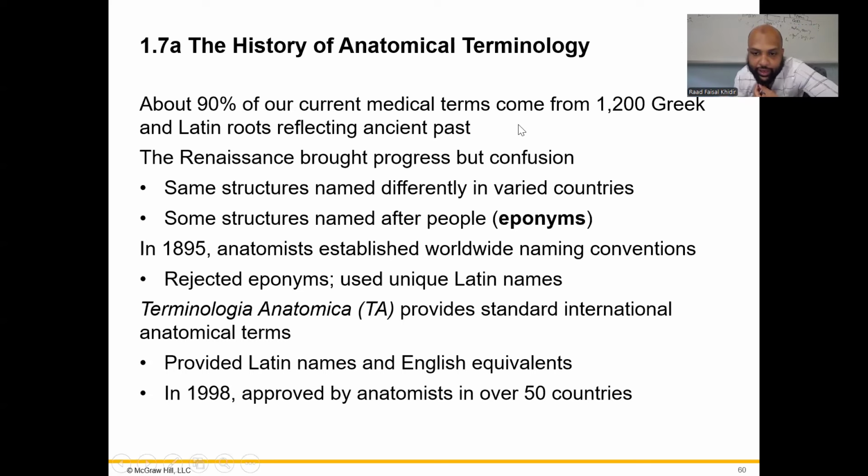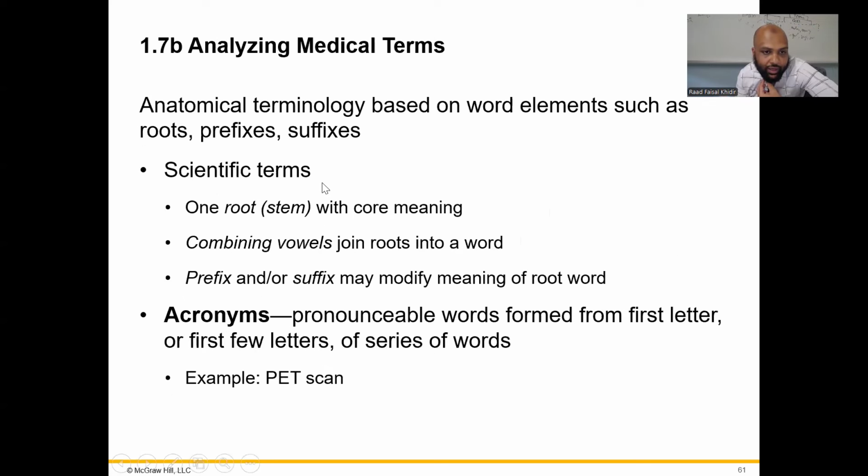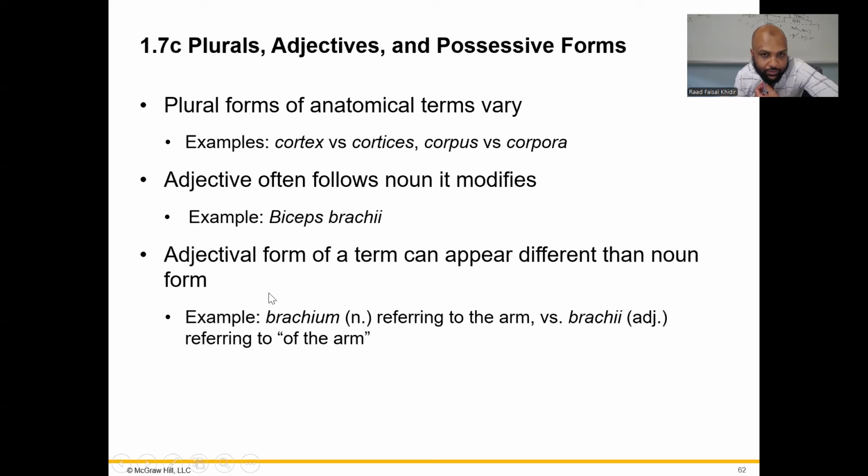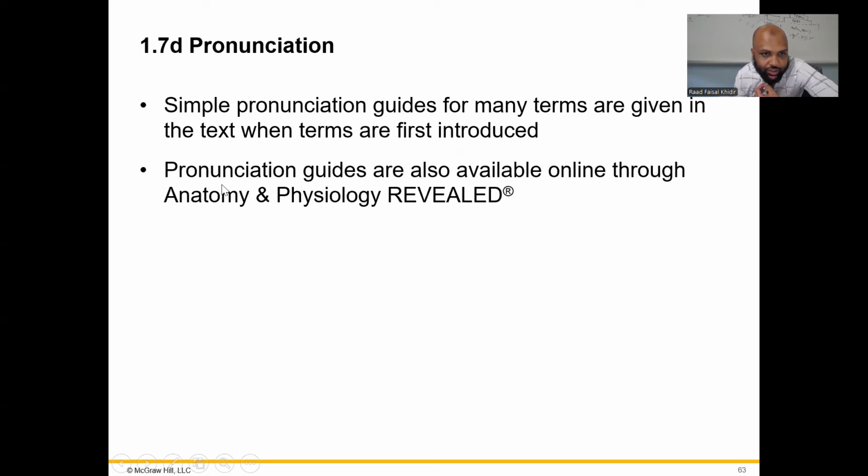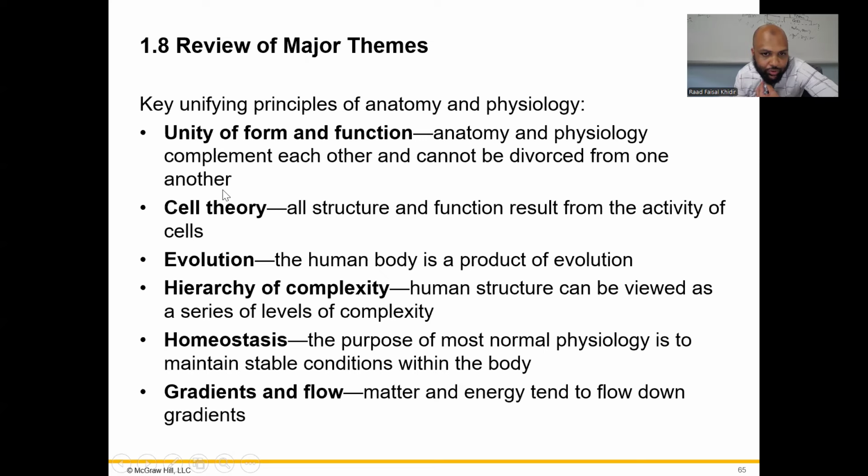These are eponyms, and acronyms are pronounceable words formed from first letter or first few letters, like PET, positron emission. Okay, there are plural forms of anatomical terms, and there are adjectives. So this is just showing you the importance of spelling.